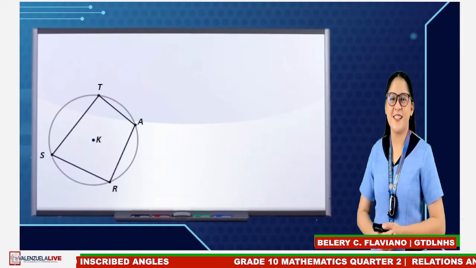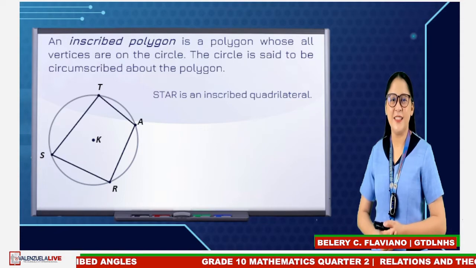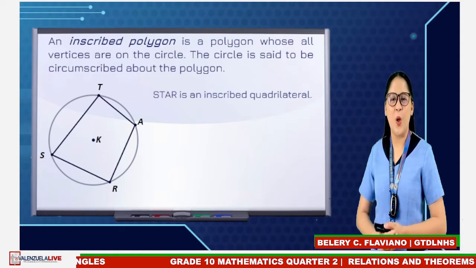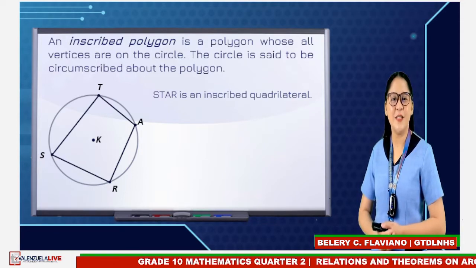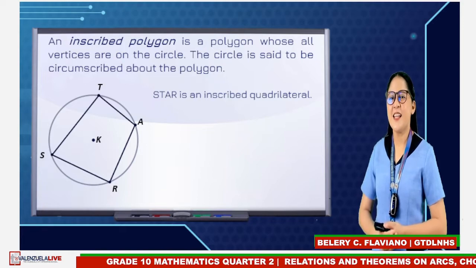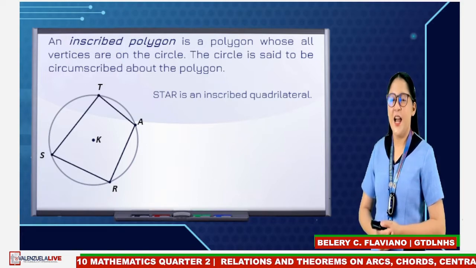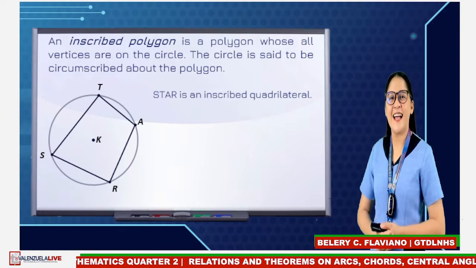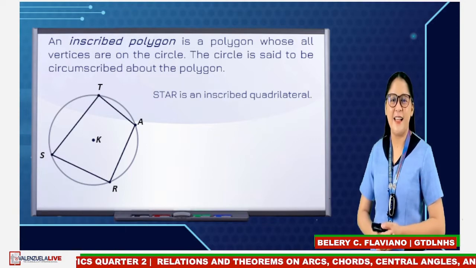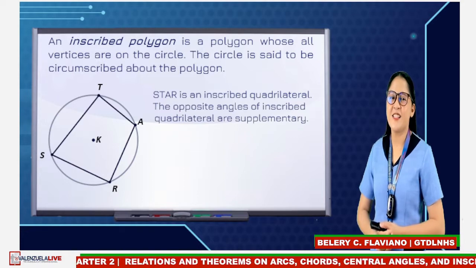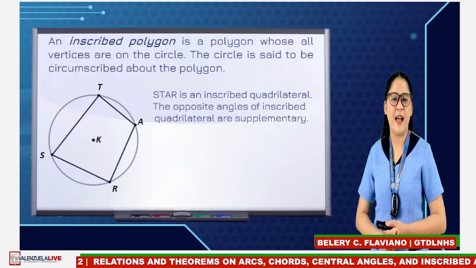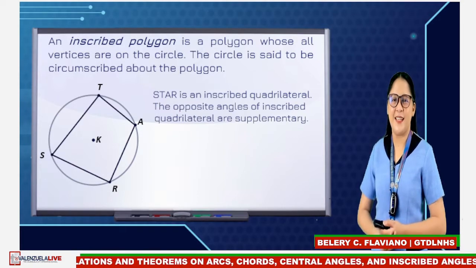Here's another concept. An inscribed polygon is a polygon whose vertices are all on the circle. The circle is said to be circumscribed about the polygon. Here, STAR is an inscribed quadrilateral. The opposite angles of an inscribed quadrilateral are supplementary.